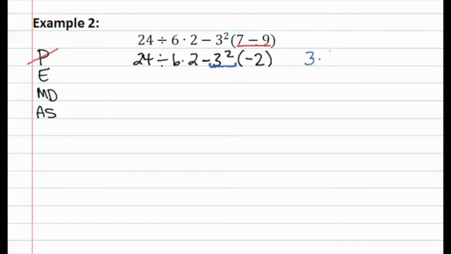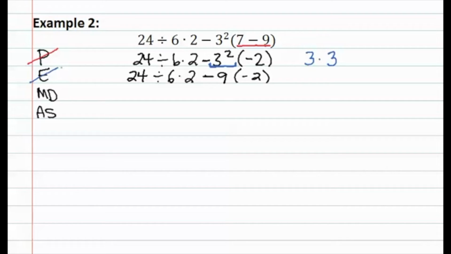This results in 3 times 3. 3 times 3 is 9, which is what is carried down. The rest of the problem is brought down exactly as it looks, including the negative that was out front of the 3 squared. We have now completed the E, or exponent stage.